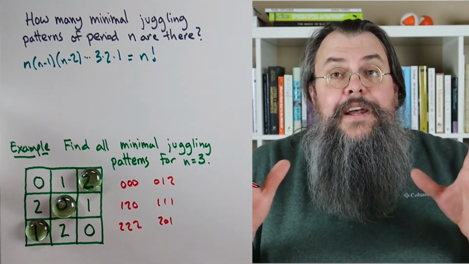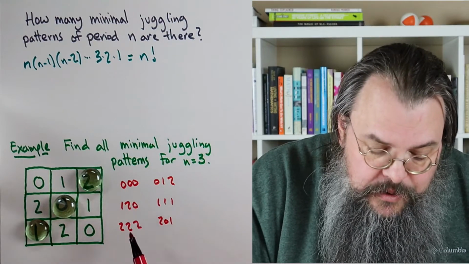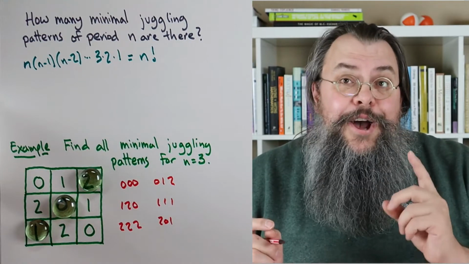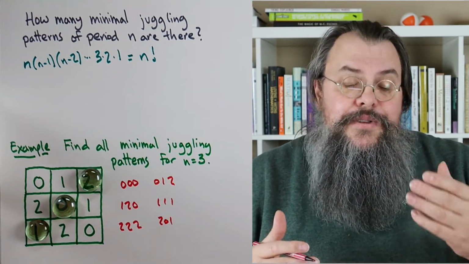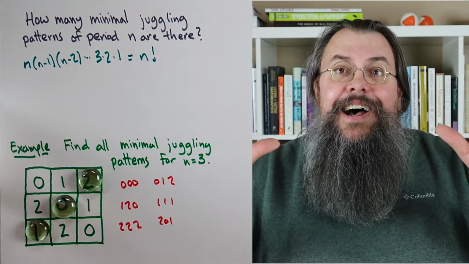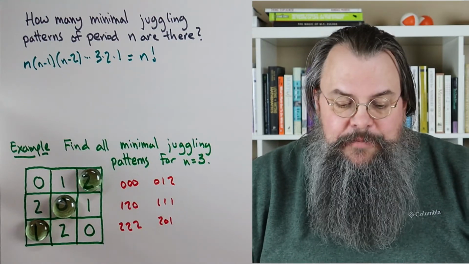That's it. And we know that's it because how many do we have? We have 1, 2, 3, 4, 5, 6. We have 6, right? And how many should we have? Well, 3 factorial is 3 times 2 times 1, which is 6. We should have 6. Success! We did it.